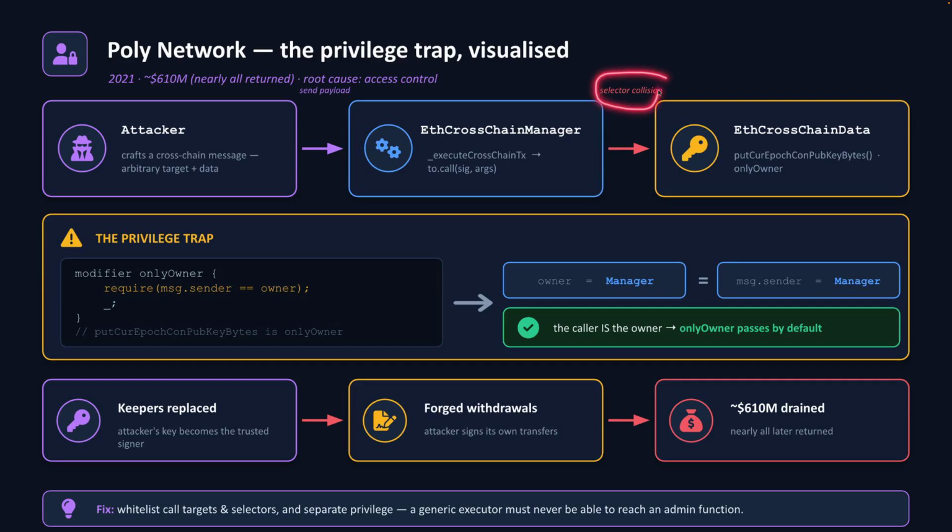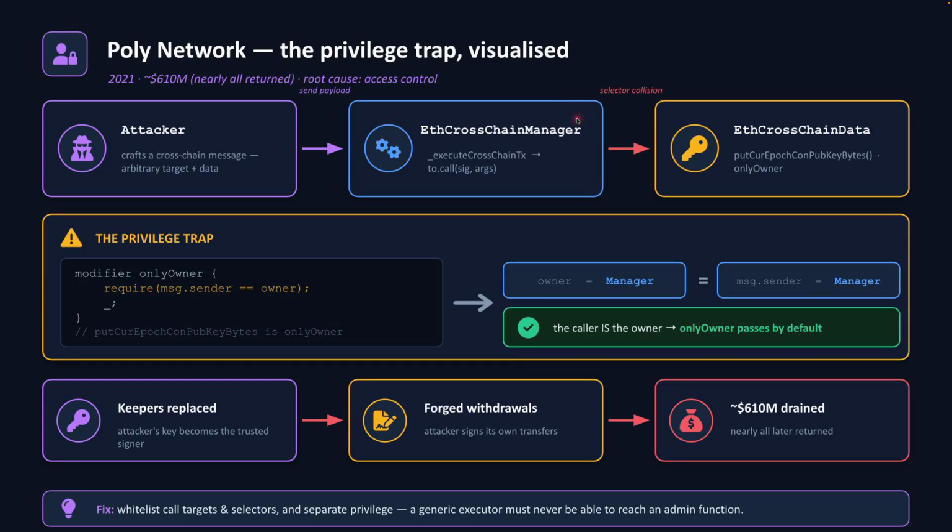Selector collision. This is the function putCurEpochConPubKeyBytes. This function can only be invoked by the owner of the contract, and the owner of the function is the ETH cross-chain manager contract itself.